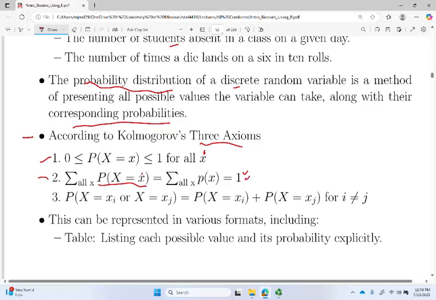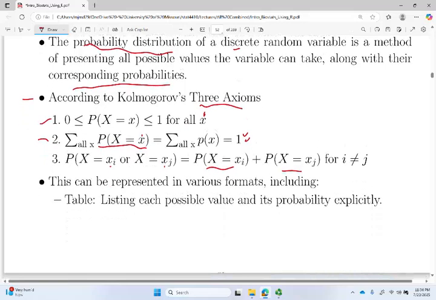That's the sample space. Three, since in an experiment you can only have one or the other, you can't have both, the probability of mutually exclusive events is the sum of those probabilities. And that's axiom 3 in the Kolmogorov axioms.